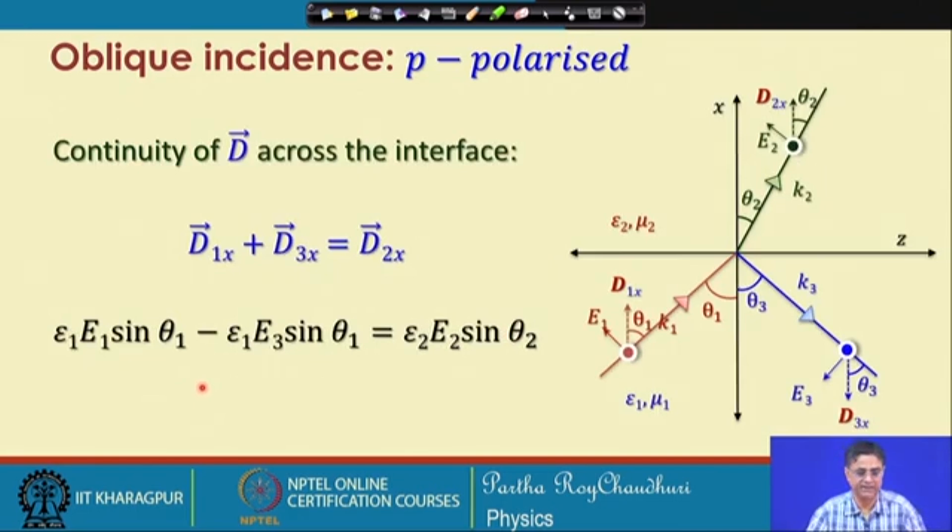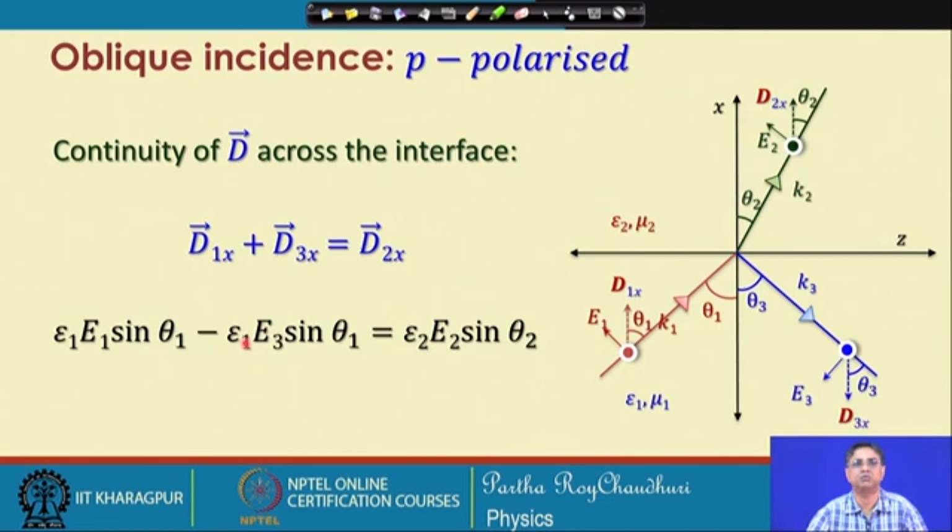Now, we will consider the other continuity condition, that is, the normal component of the displacement vector across the interface will be continuous, that is D 1 x plus D 3 x equals D 2 x. Now, D 1 x will give you epsilon 1 E 1 sin theta 1, and similarly for D 3 x we get epsilon 1 E 3 sin theta 1, because epsilon 1 and epsilon 3 are the same.